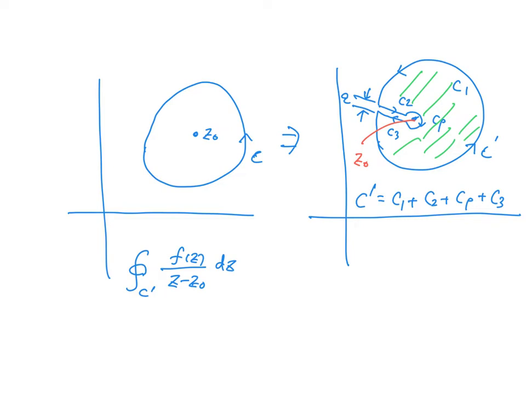So if we do this integral, what will happen? 0, right? Because z naught is outside. So we have 0.